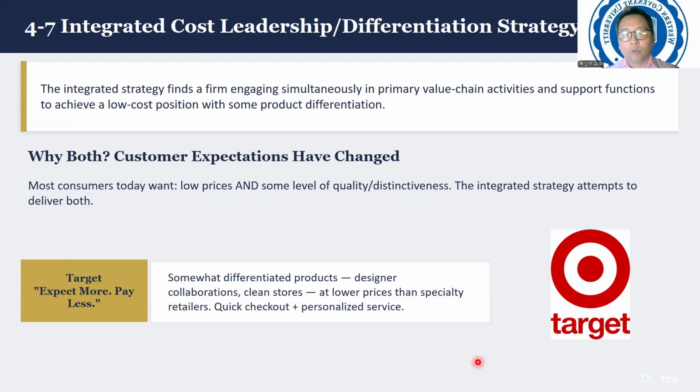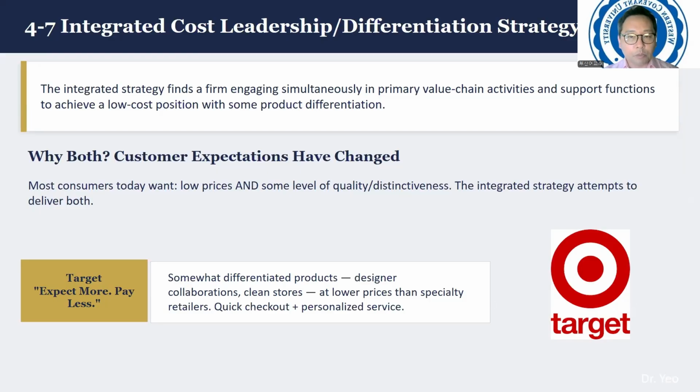So we've covered four of the five strategies. Now let's look at the most ambiguous one, the integrated cost leadership and differentiation strategy. I told you in the previous slide that I will explain this part in more detail. So here's the motivation. Research on customers consistently shows that most people want both.